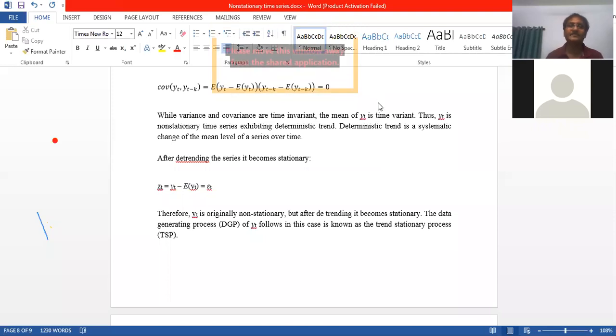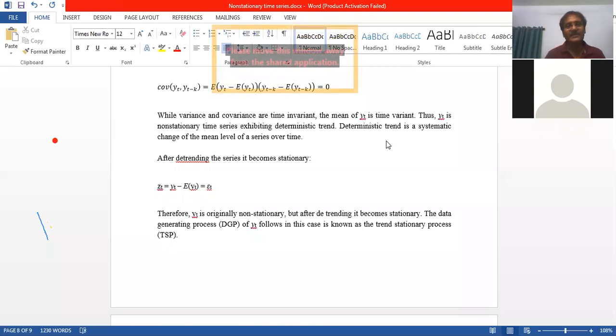And in this case, we can generate a stationary series by detrending it. That's why this series is called trend stationary process. Therefore, the non-stationary series without unit root is synonymous to trend stationary process. So there are two types of non-stationarity. One is TSP, another one is DSP.